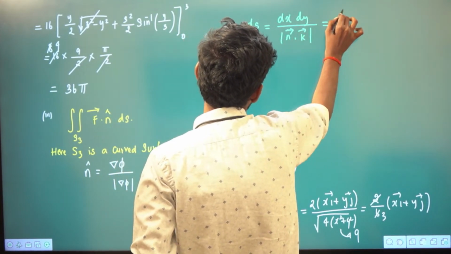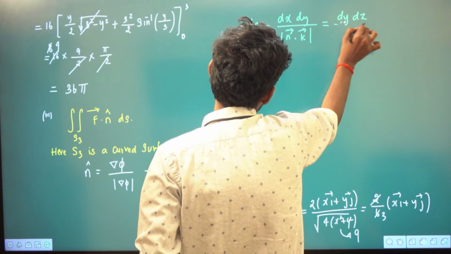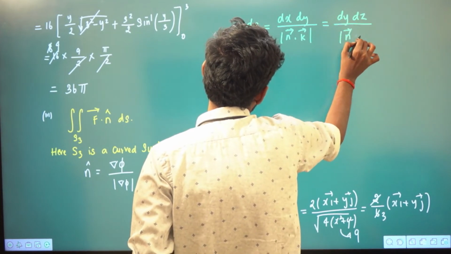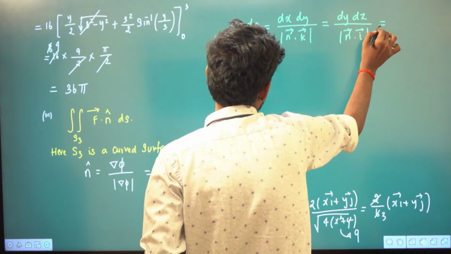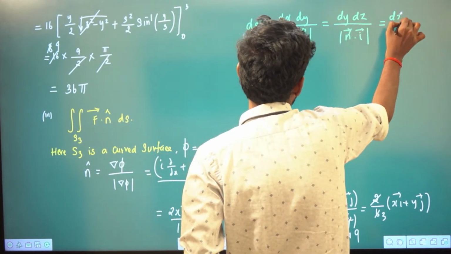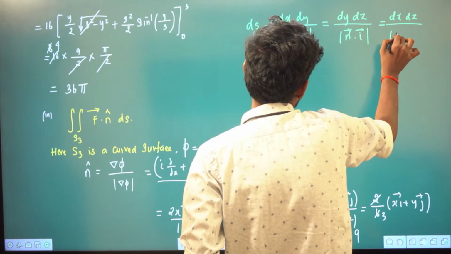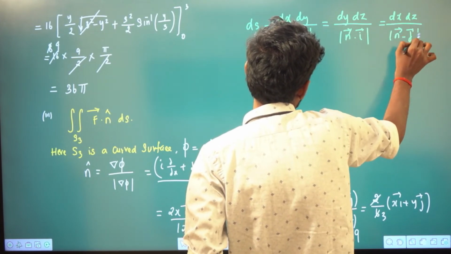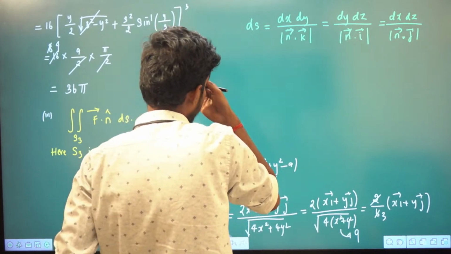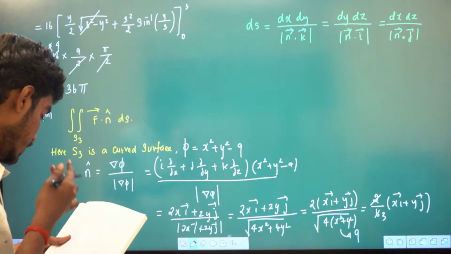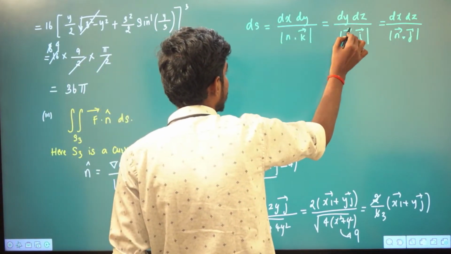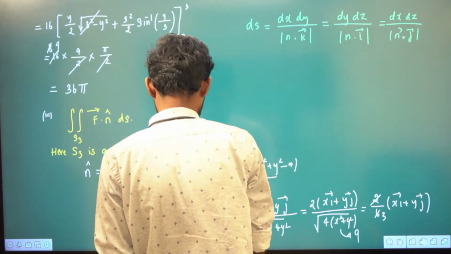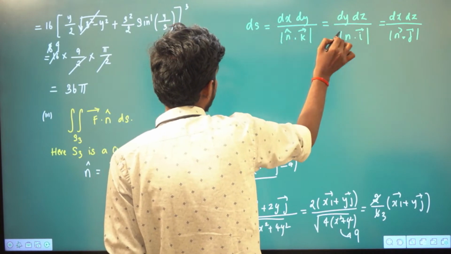This is the same as dy dz divided by modulus of n cap dot i, or dx dz divided by n dot j. You can choose anything for ds.